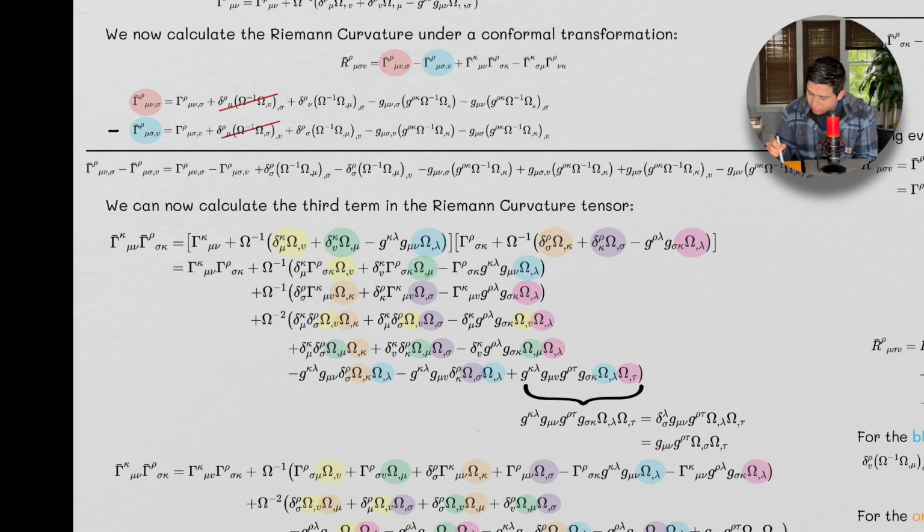So the yellow terms multiply, foiled out with all of these, and then the green terms foiled out with all of them, and then the blue terms foiled out with them as well.